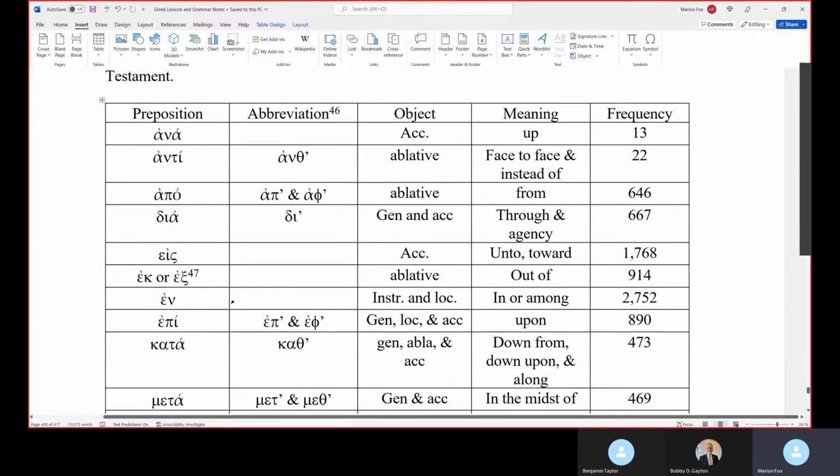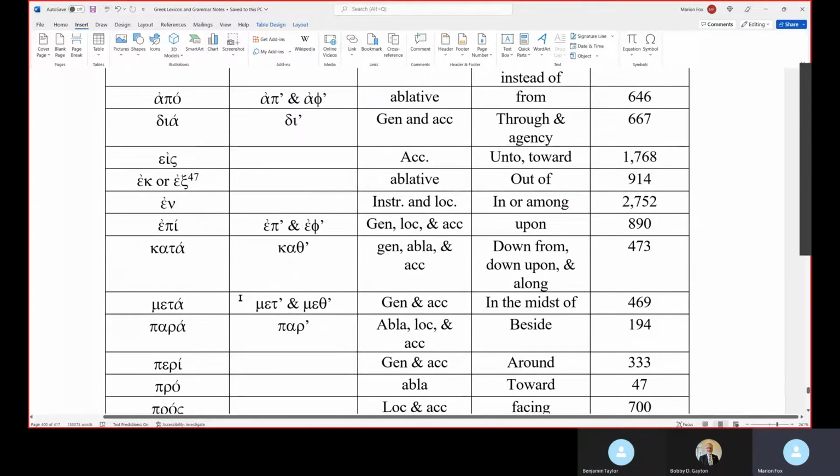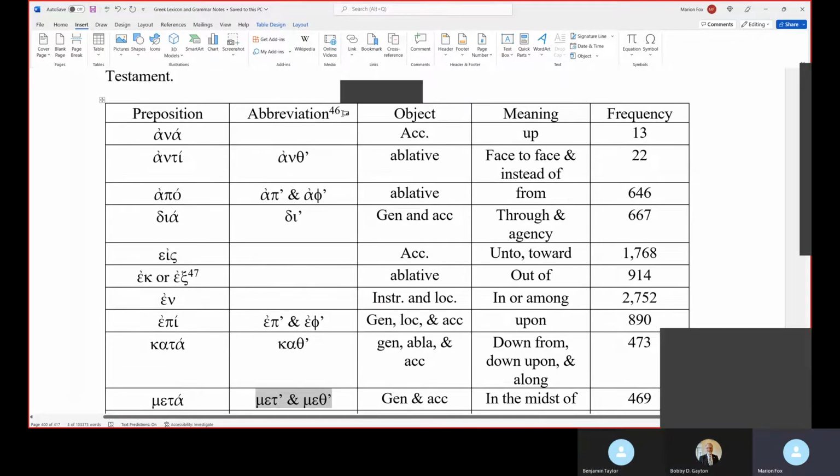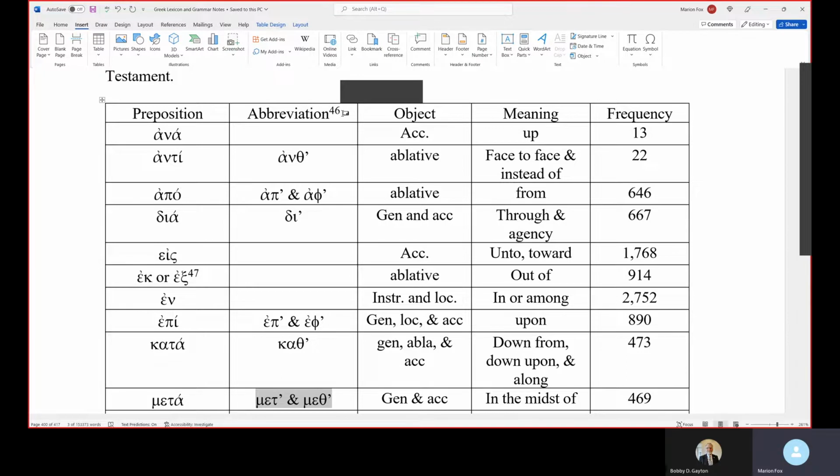It's a proper preposition. Right there, I see it. Yeah. There. I thought maybe that's what it might be. And that's if this preposition ends in a vowel, it is abbreviated if the next word begins with a vowel or diphthong. And that's what we have here. Yeah.